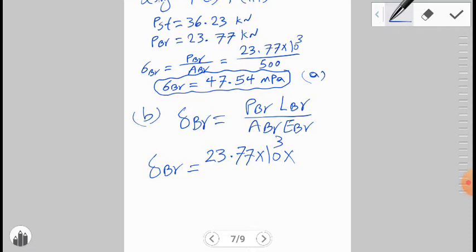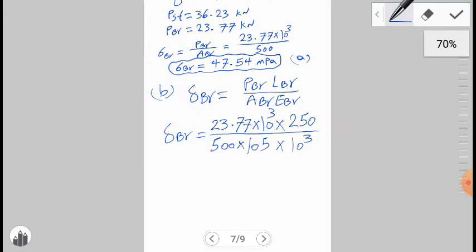The length of the member is 250 millimeter, divided by A brass, which is 500, times E brass, 105 gigapascal to megapascal, and delta brass we can write 0.1132 millimeter.